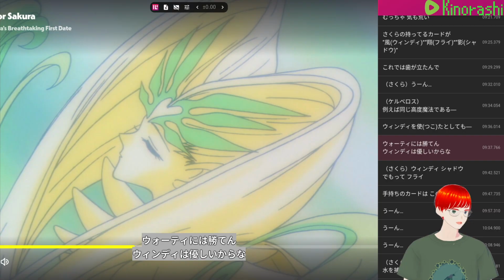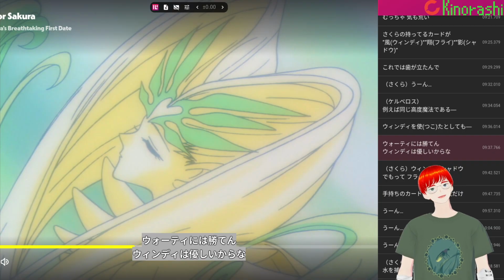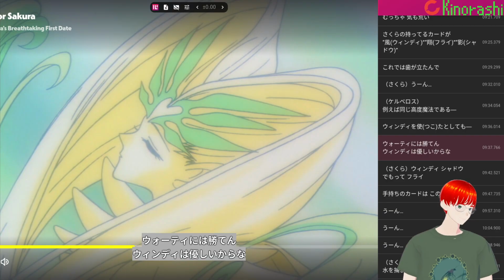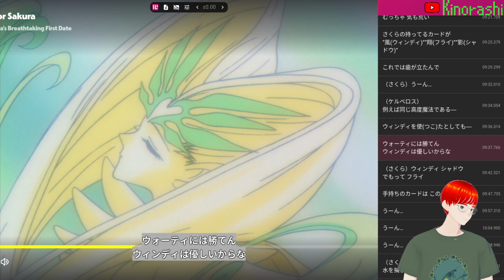Let's see. Wata ni wa katen means cannot win, not able to win, yes, okay. Particle ni wa emphasizes the target of the action, indicating against water. Oh, that's right. They don't mention who the god is in the subject. Who is not able to win against water? Because it's the god that's not able to win. It's not the target of the ni that's not able to win.